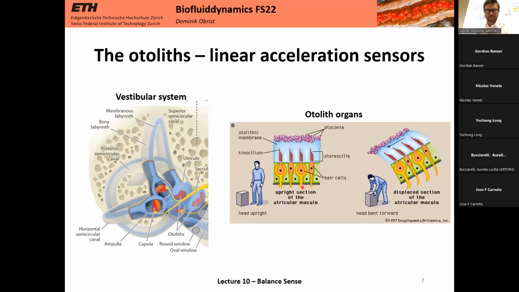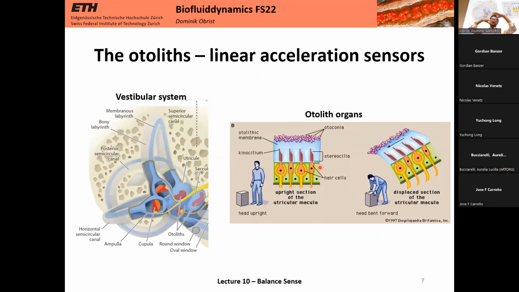If you look at one of these otolith organs, either the utricular otolith or the saccular otolith, that's what they look like schematically. We have hair cells here in the bottom. We have hair cell bundles sticking into a layer, which we can think of as a gel, right?